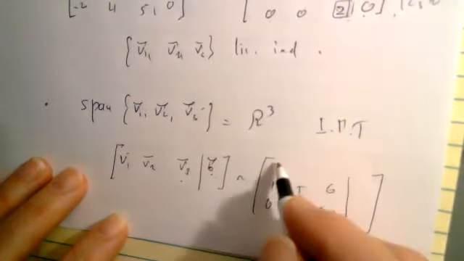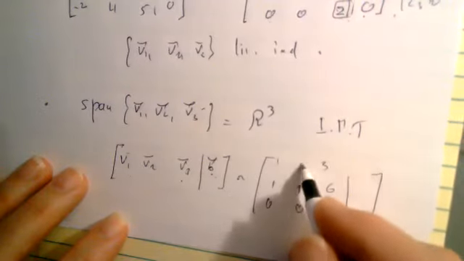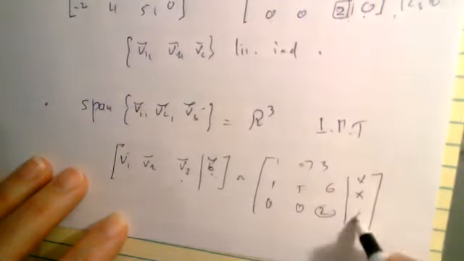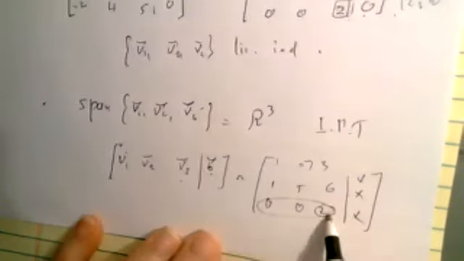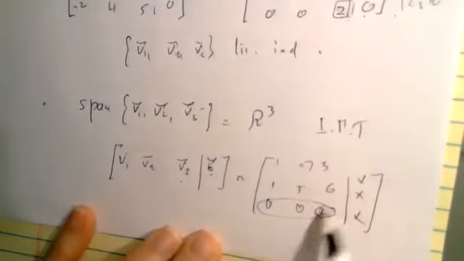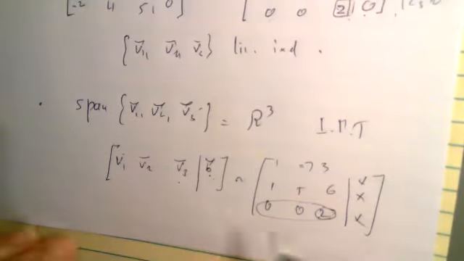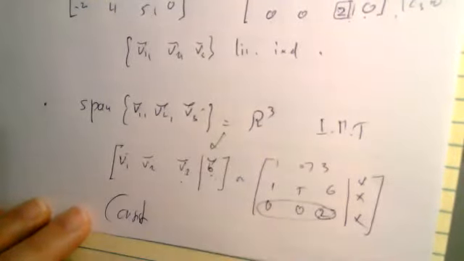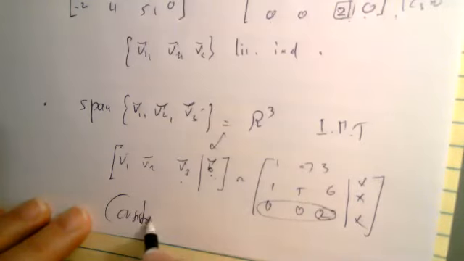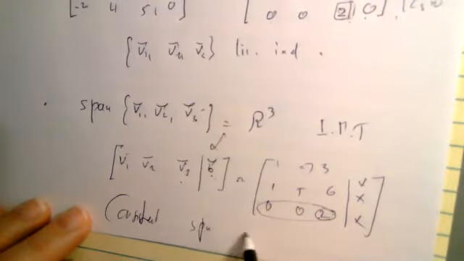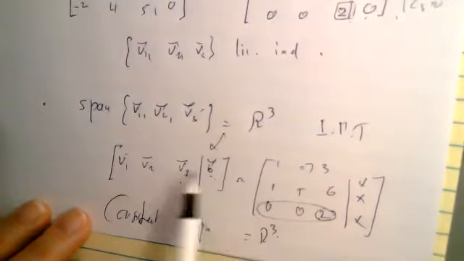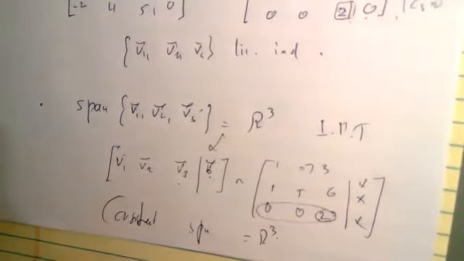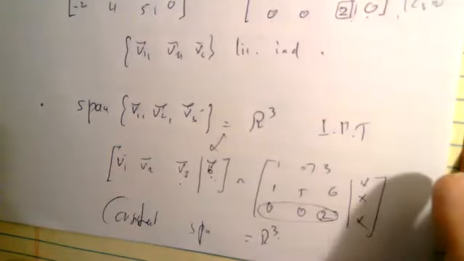So there is no room for inconsistency. Because I have a pivot in every row, not column now, this is always consistent, regardless of what vector B I plop in here. So consistent means the span equals R3. Every vector can be written as a linear combination, so it's absolutely a basis.